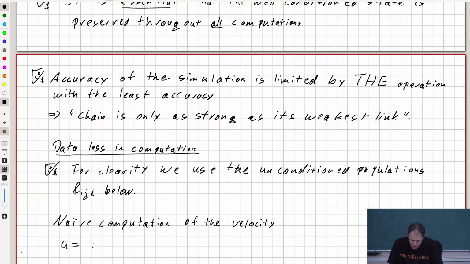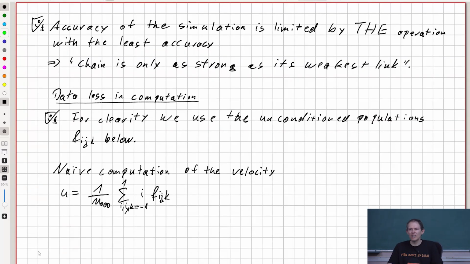We have u equal to 1 over m 0, 0, 0, sum over i, j, and k equal to minus 1 to 1, of i times f ijk, right? So this is how you can actually do it. Yeah, you will make a loop, or you make 3 loops, and you loop over these populations. So this is how you can implement it.